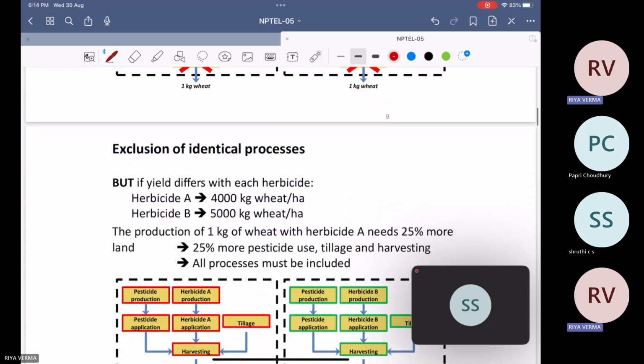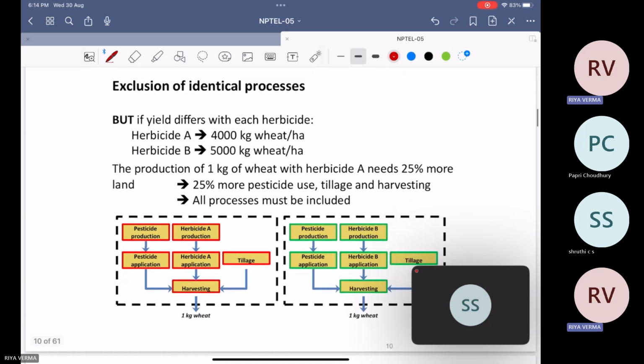But if the cultivation yield is different for each herbicide, for example, for herbicide A, the cultivation yield is 4,000 kg of wheat per hectare, and for herbicide B, it is 5,000 kg of wheat per hectare. So here we can clearly observe that herbicide A needs 25% more land to produce the same amount of wheat.